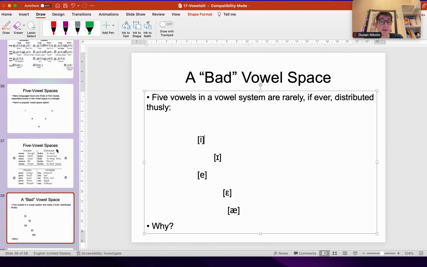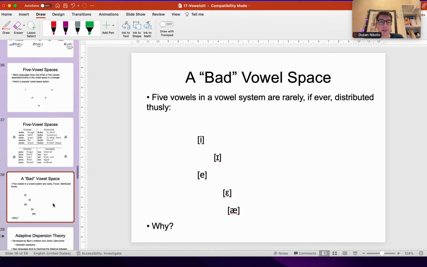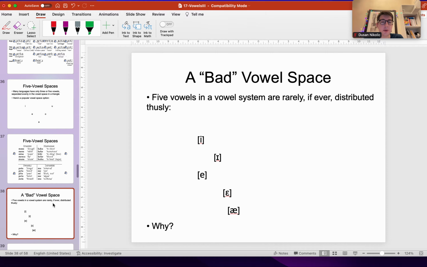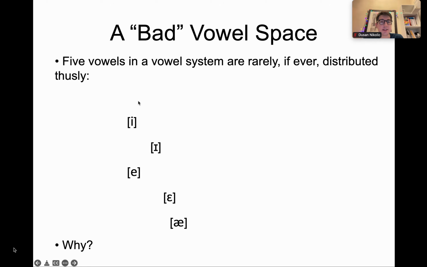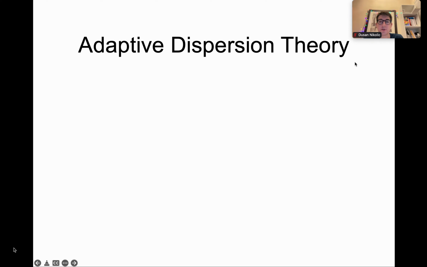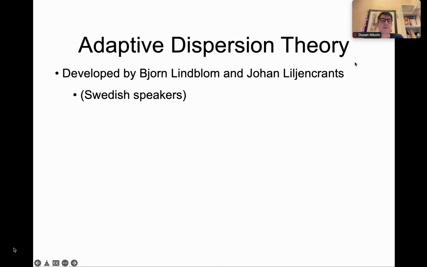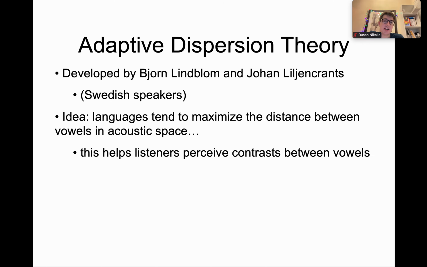You can think about it, but I guess the answer was provided by what we call adaptive dispersion or dispersion theory, developed by Bjorn Lindblom and Johan Liljenkrantz, who were Swedish speakers and Swedish scientists.